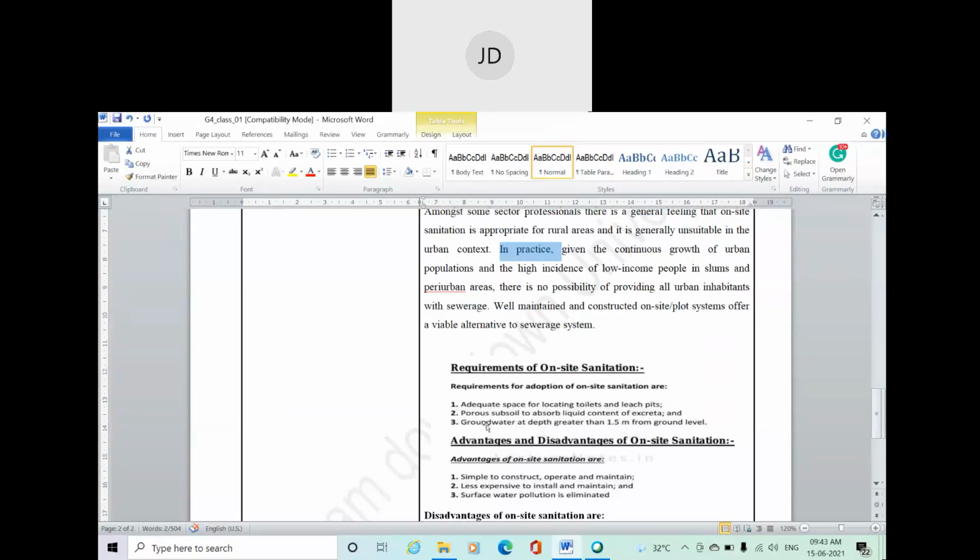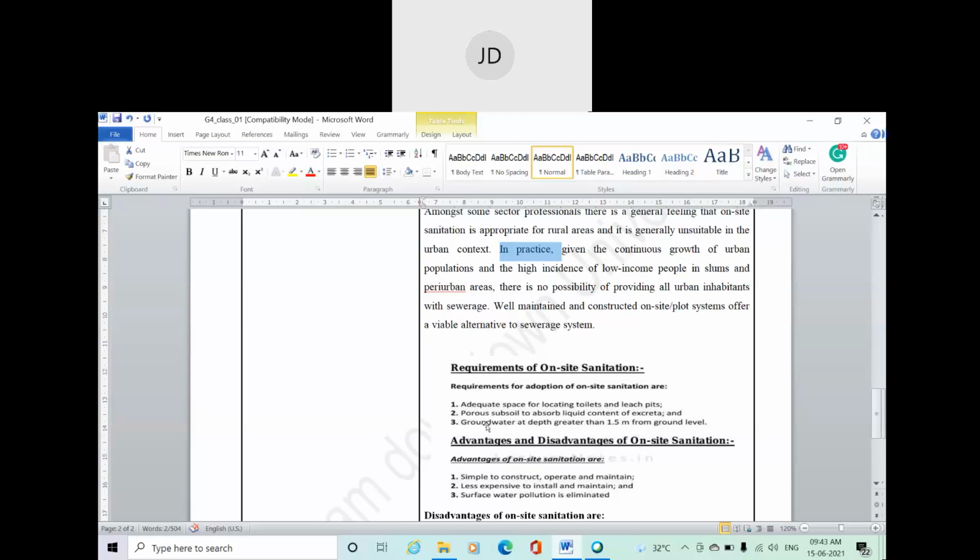Then porous subsoil to absorb the liquid content of excreta. That means selecting the soil is also very important. We should not select soil which is less porous. That means the water should penetrate into the soil. Okay, that means we need to select soil which is permeable, having higher porosity, or higher void ratio, so that water can go inside.